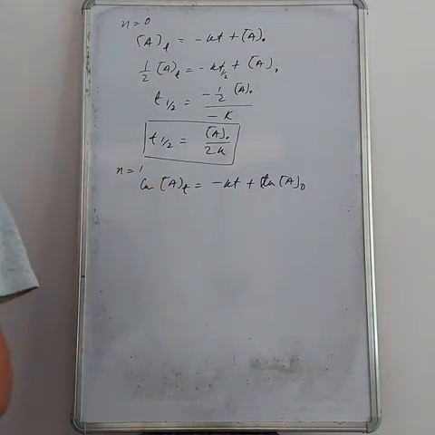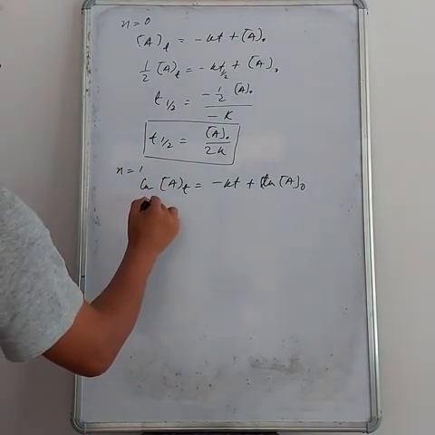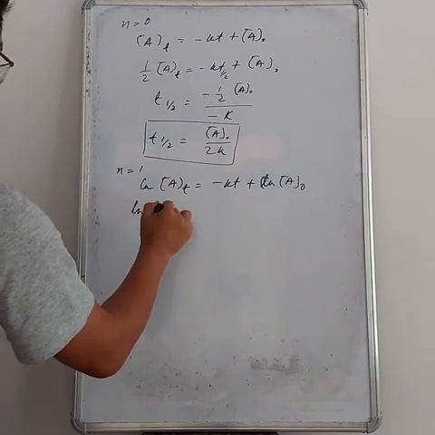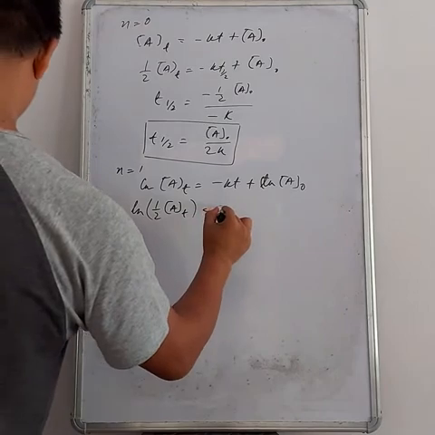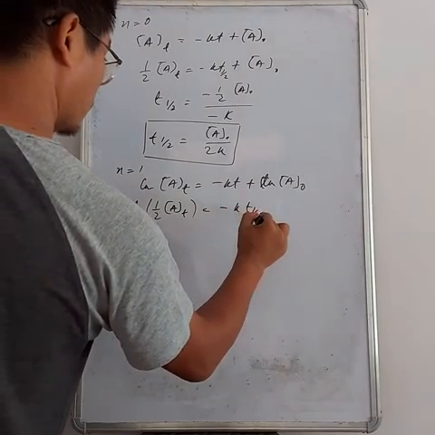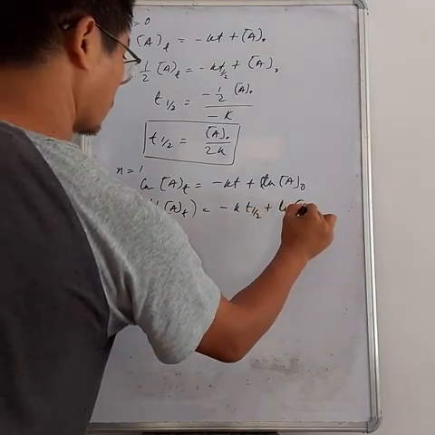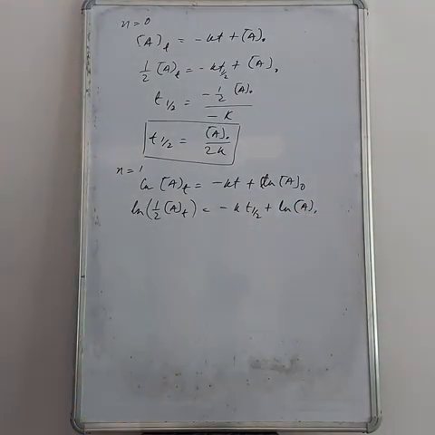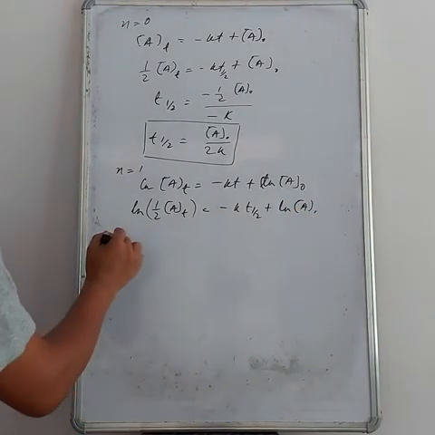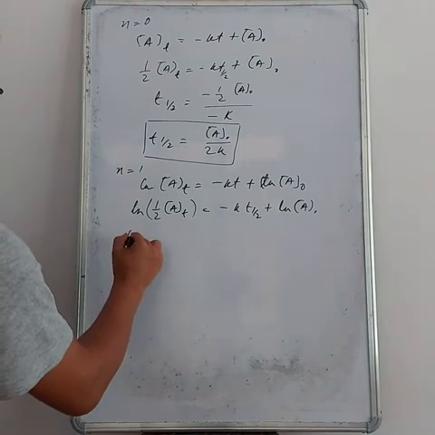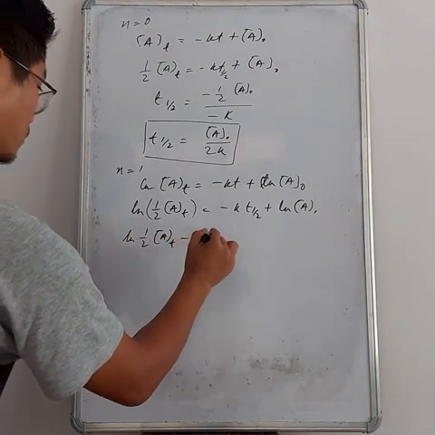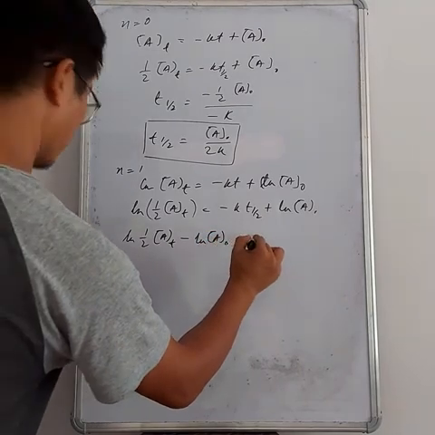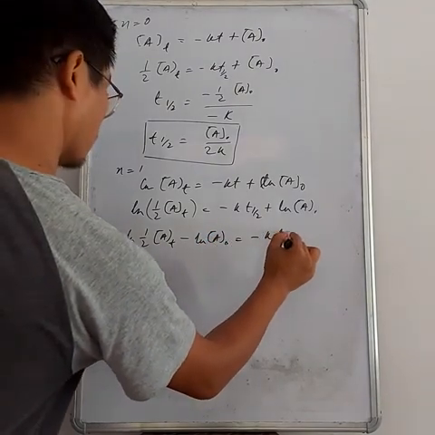So when this becomes half, natural log of half A naught is equal to negative kT half plus natural log of A naught. So natural log of half A naught minus natural log of A naught is equal to negative kT half.